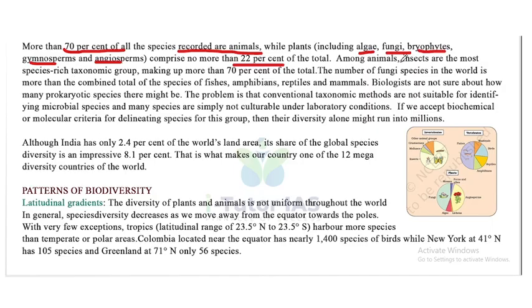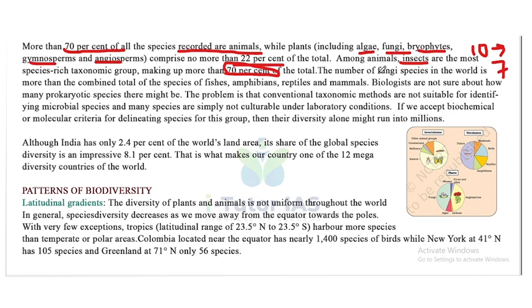Among animals, insects are the most species rich taxonomic group, making up more than 70% of the total. So if you take 10 animals, then 7 of them are insects.